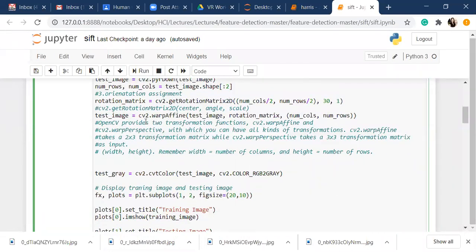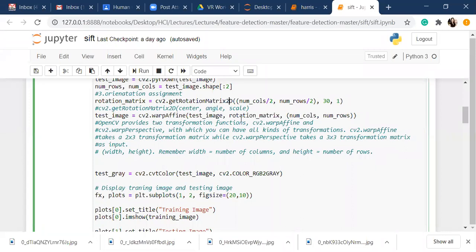Now for the other part of the orientation assignment, there are two methods: warpAffine and warpPerspective. What kind of transformation you want to do depends on you. If you want a transformation with a 2 by 3 matrix, you use the affine transformation, otherwise you can do a perspective transformation.